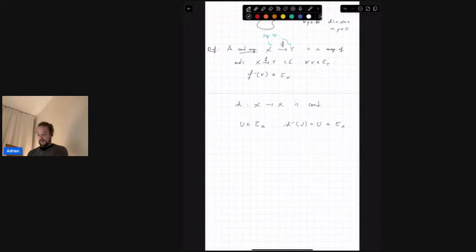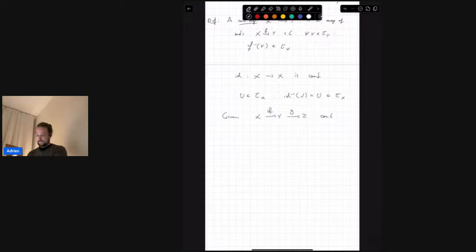And now let's say that we have two continuous maps, X to Y by f, and Y to Z by g. Let's say that they're both continuous. And let's say that W is an open subset of Z. Then we have that the preimage of W under the composition of f and g is the preimage under f of the preimage of W under g.